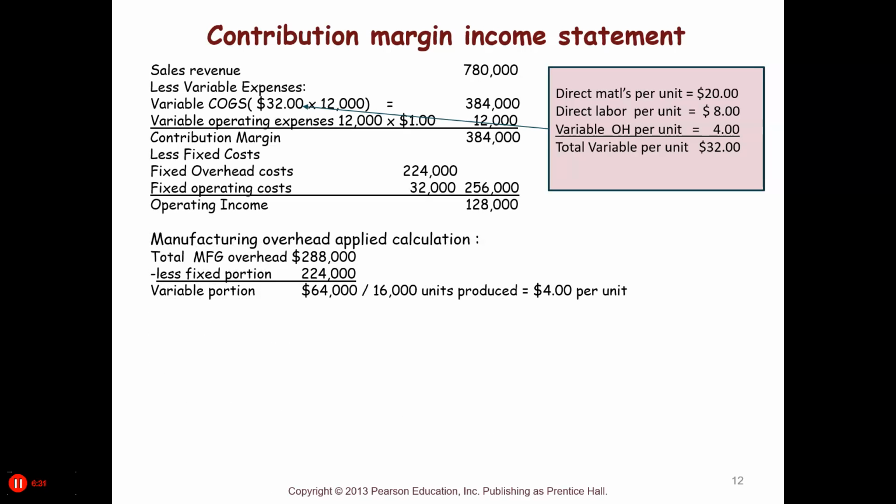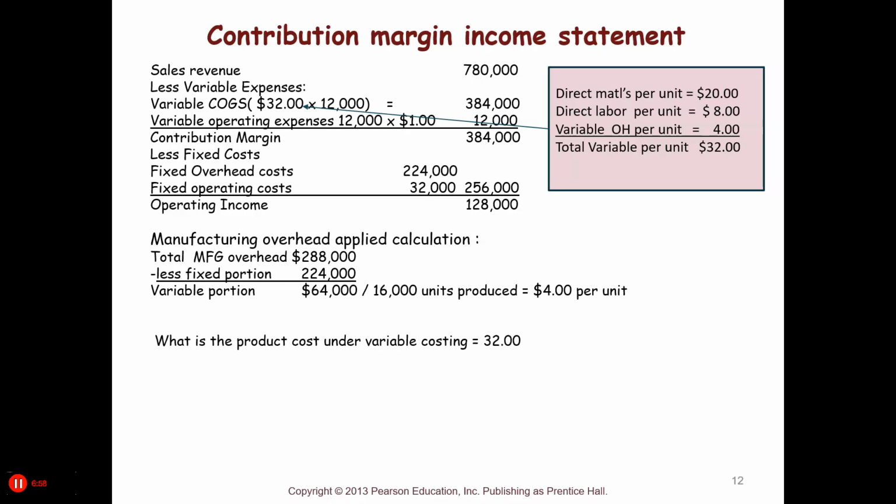We're going to subtract all of the fixed costs, and that tells us our operating income is $128,000. Now, it is different than our traditional absorption method because we have items left over in inventory. We have those 4,000 units. So we will do a reconciliation, but let's answer the rest of the questions.